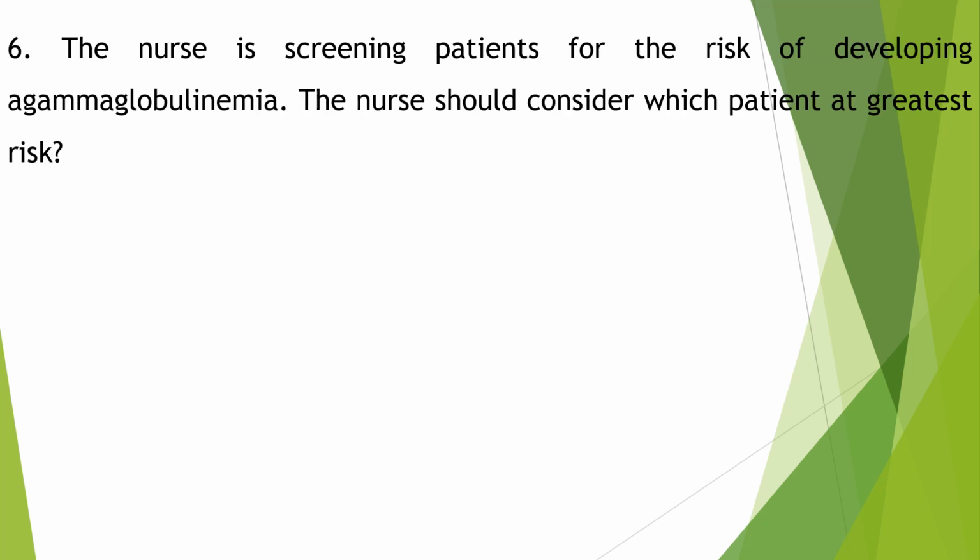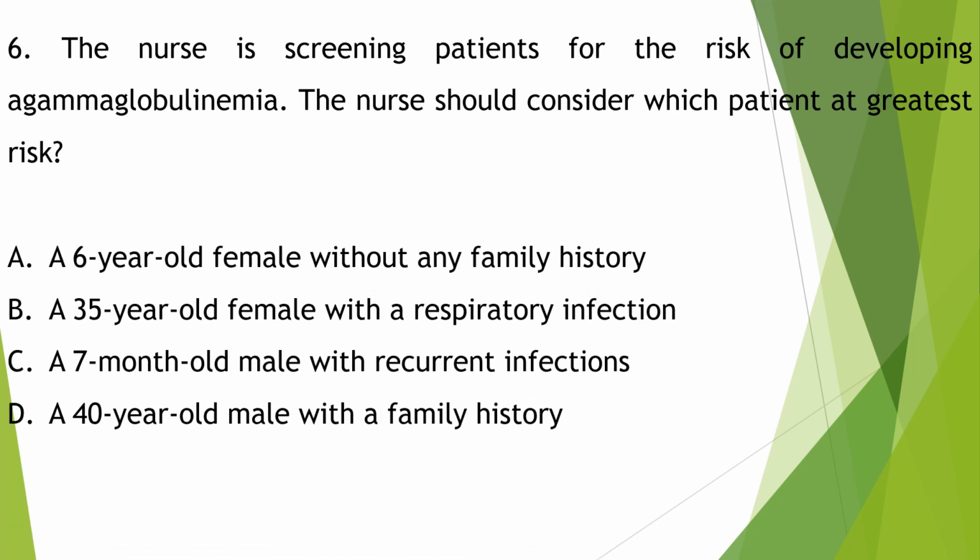The nurse is screening patients for the risk of developing agammaglobulinemia or XLA. The nurse should consider which patient at greater risk: a 6-year-old female without any family history, a 35-year-old female with a respiratory infection, a 7-month-old male with recurrent infections, or a 40-year-old male with a family history. When you read about XLA, it's a primary immunodeficiency.